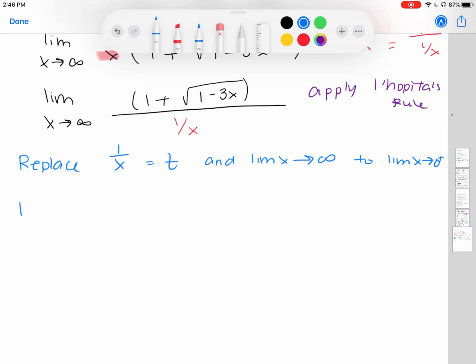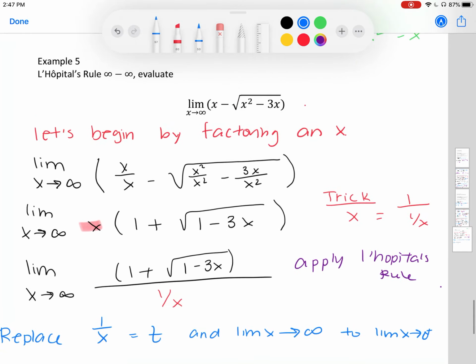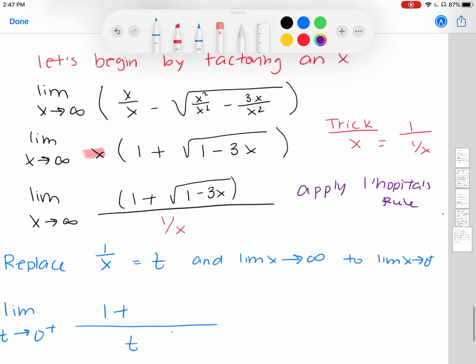So that we have the limit as t approaches 0 from the right of, in the numerator, 1 minus... was it always minus and I just wrote plus? Yeah, it was always minus and I wrote plus.